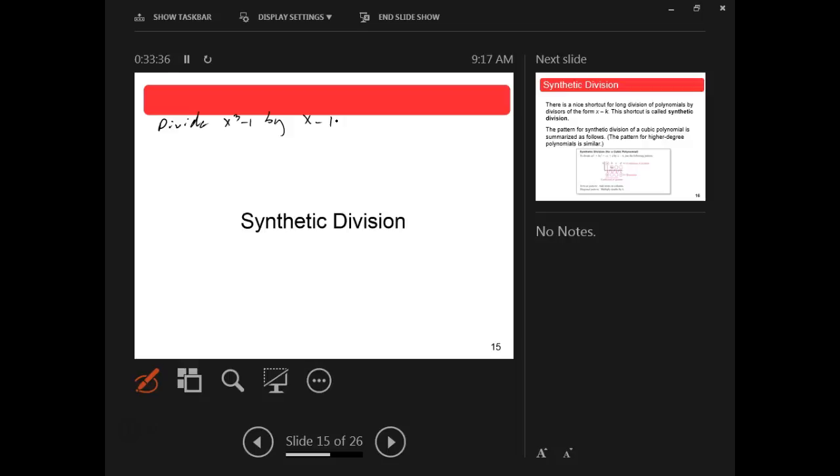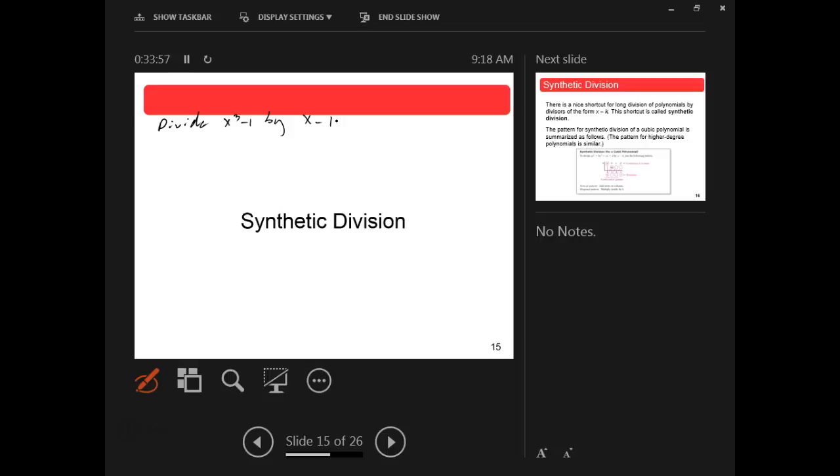How do you know to use x minus 1 to get that? Because when it says divide something by something, that goes on the outside, and this goes on the inside.